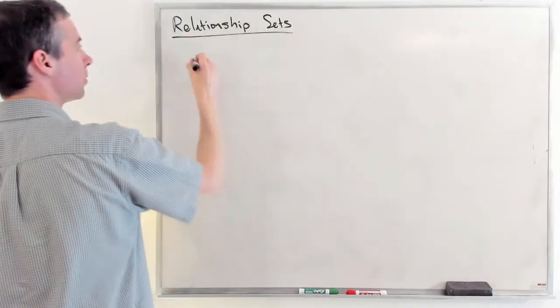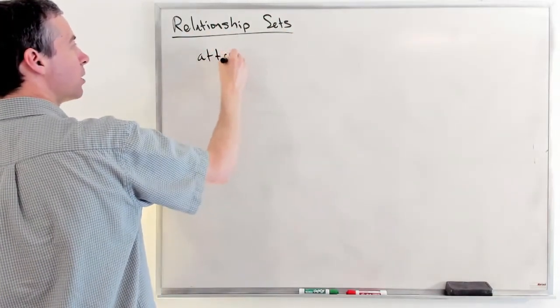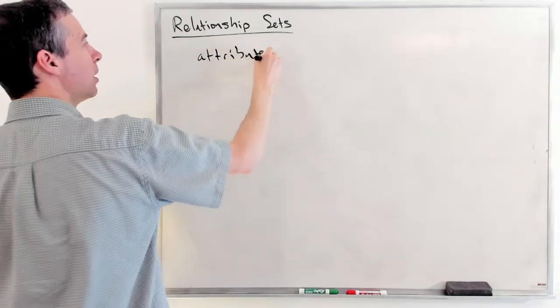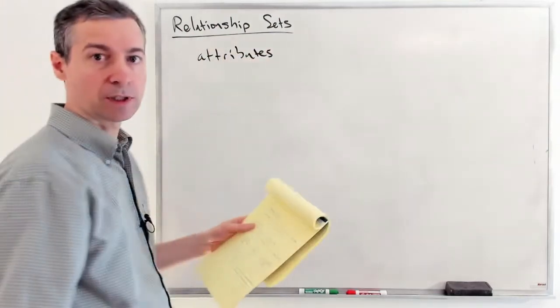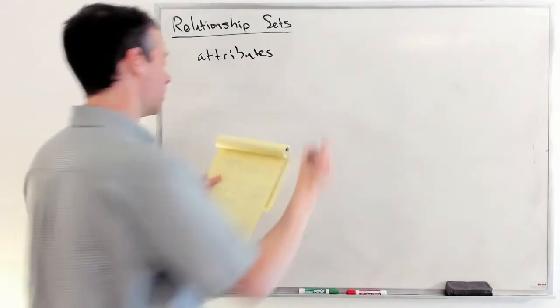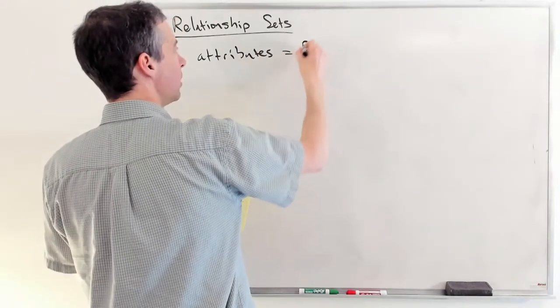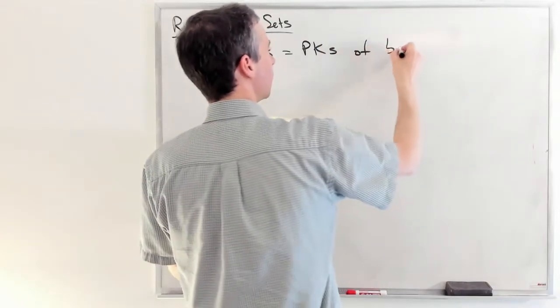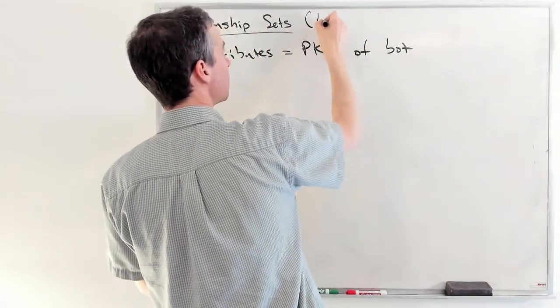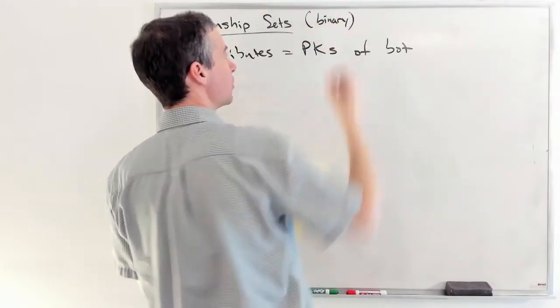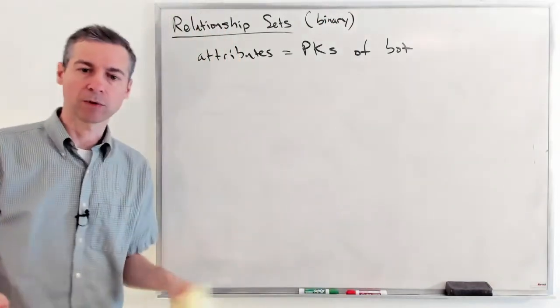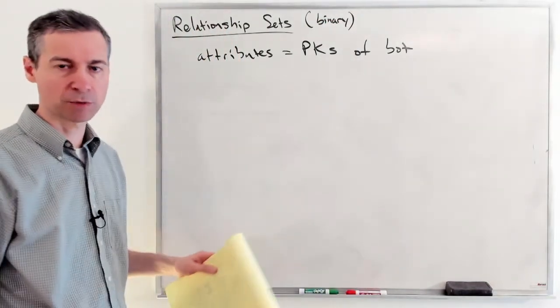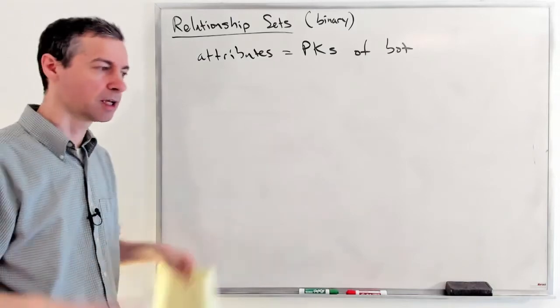The thing to note first off is what the attributes of these relations are going to be when we make them. Well, they happen to be the primary keys of both entity sets. This is for binary relations. I'm never going to talk about the ternary ones where we have three interconnected.